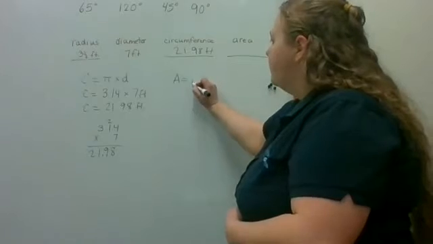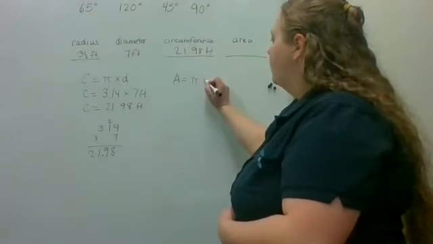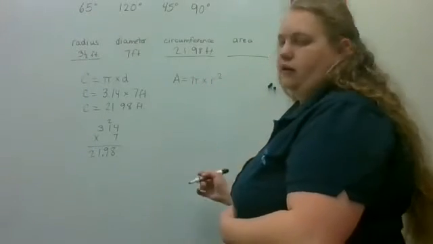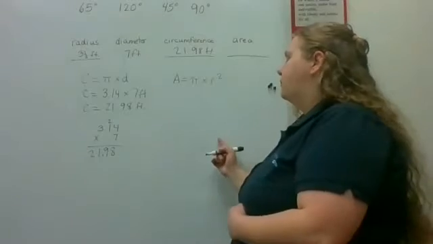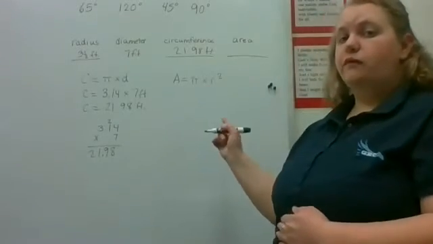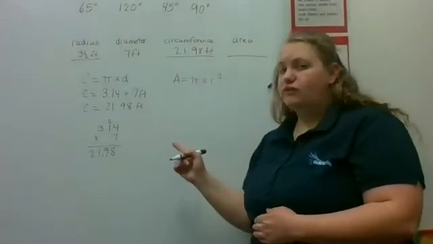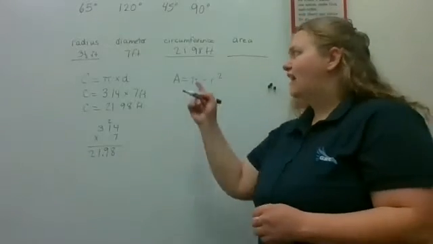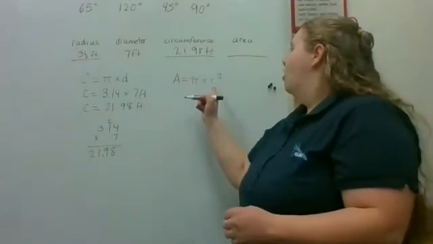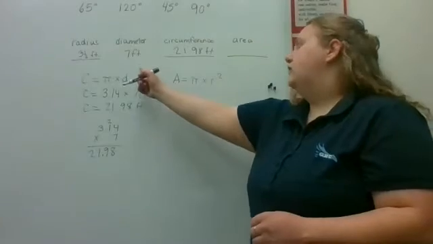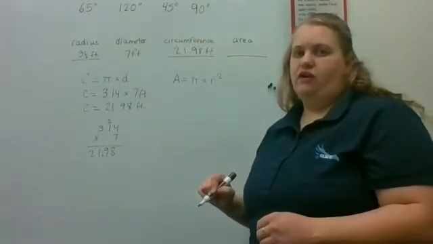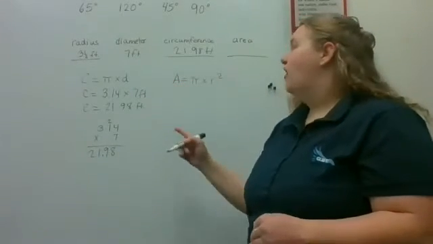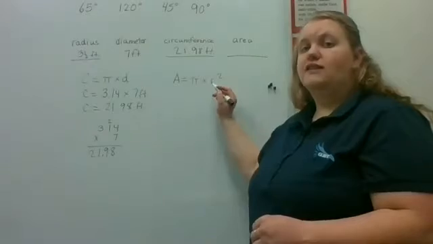So A equals pi times r squared, what we just read on our paper. Now, in this formula, we cannot use diameter, okay, you guys? We have mixed that up before, but we can't use diameter because r squared does not equal 2 times r, okay? Remember that r squared is r times r.